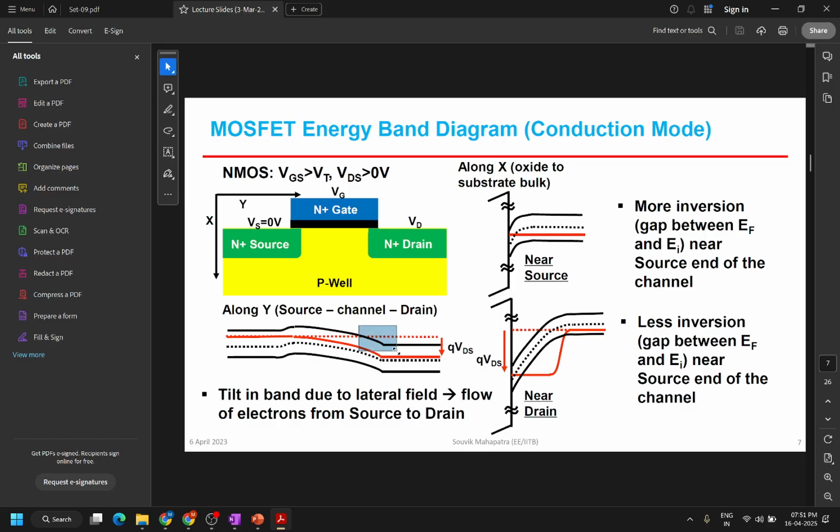Then only they can reach this interface and go to your drain. First, you have to work on the barrier at the source. Then it can easily move to the drain. So this barrier at the source is what causes your conduction and non-conduction.